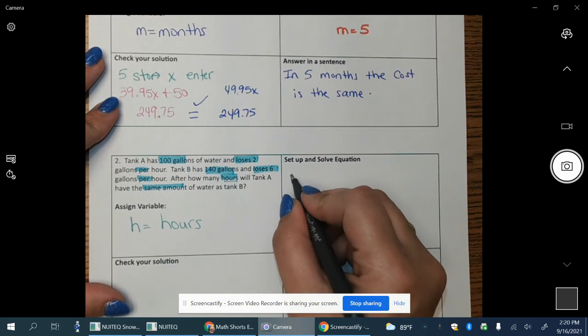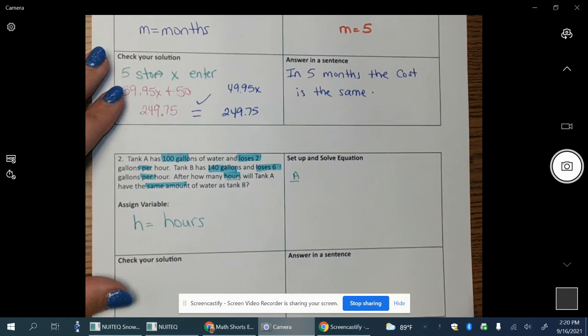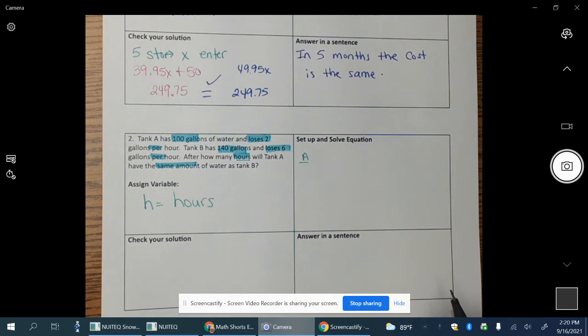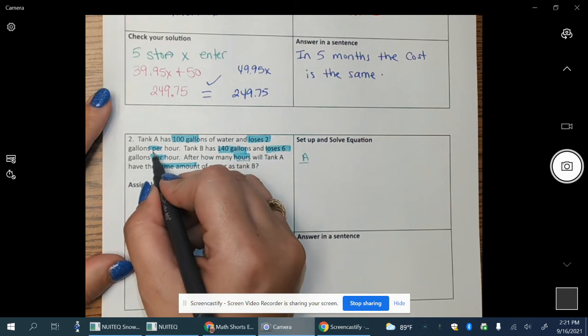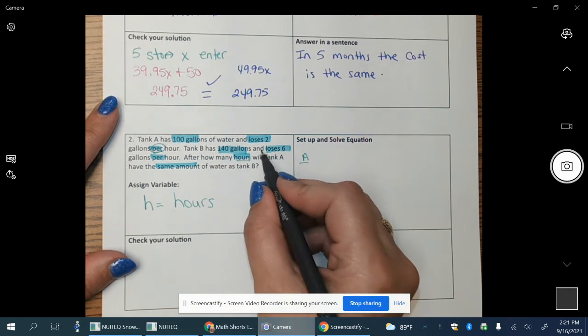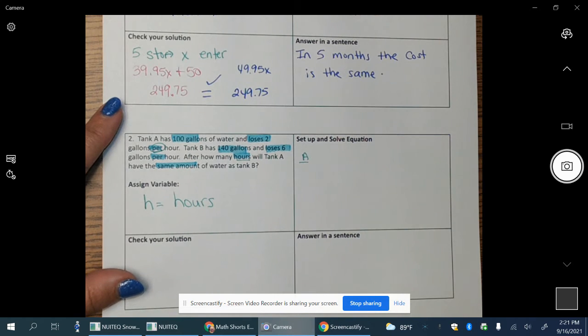First we have Tank A. Does it have a rate? Rate is when you see per, every, each. What tells you we're multiplying? Per. What's happening per? She loses 2 gallons. How do you show losing 2?